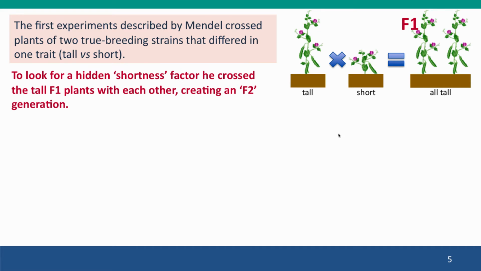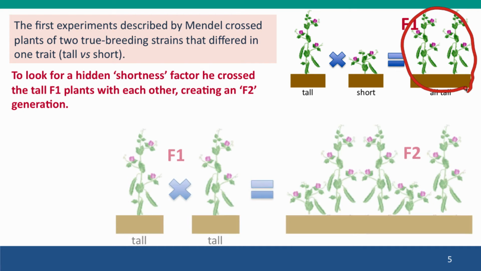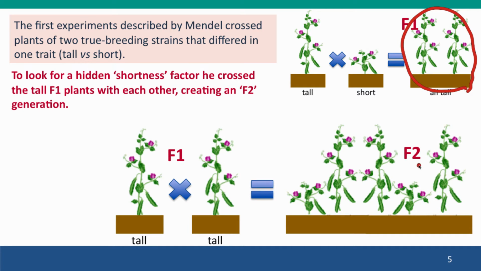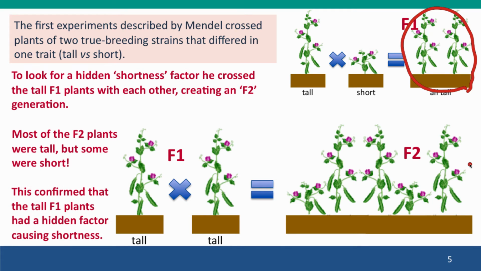So he tested this by crossing the tall F1 plants with each other and created what he called an F2 generation, the second filial generation. And in this generation, he saw that although most of the plants were still tall, some of them were short. And this confirmed his hypothesis. The tall F1 plants had a hidden factor that causes shortness.